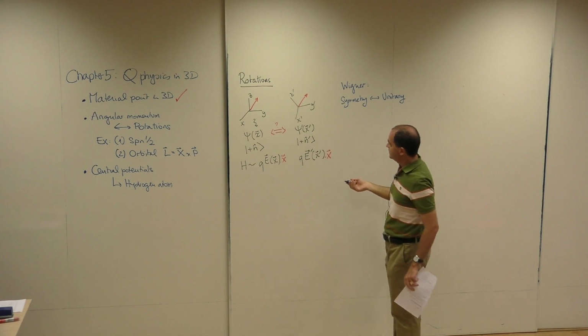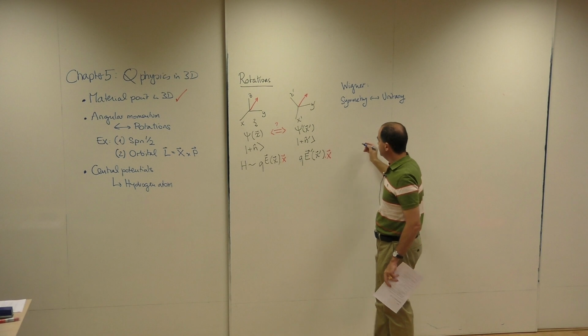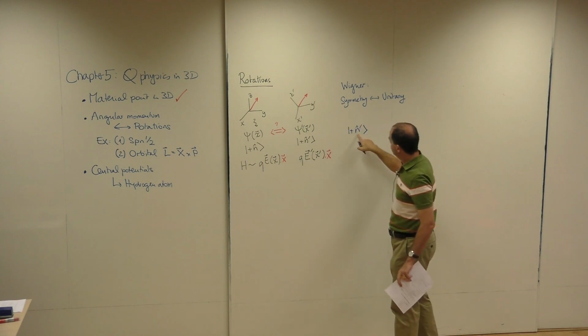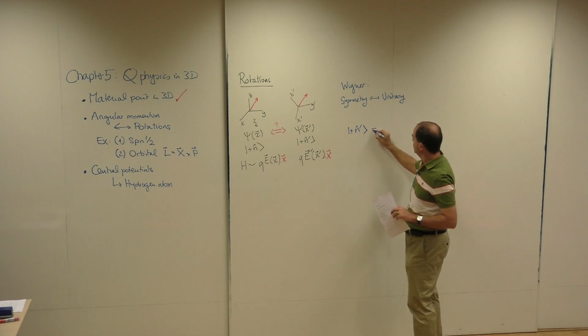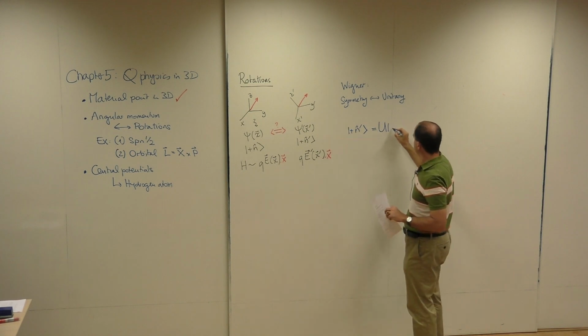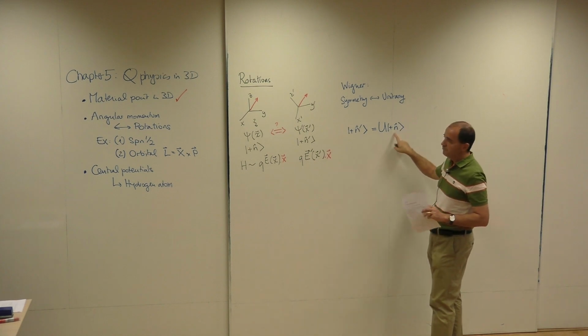So what that means is that, for instance, let's do it with a spin. The new state that represents the direction n prime, there will be a unitary that describes that rotation. And that's how this state is related to my state.